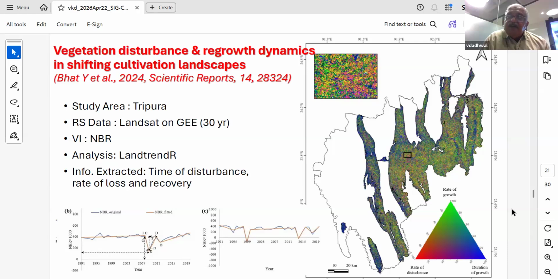Regrowth is something like the resilience of the system to grow the forest, secondary forest, back after the burning.